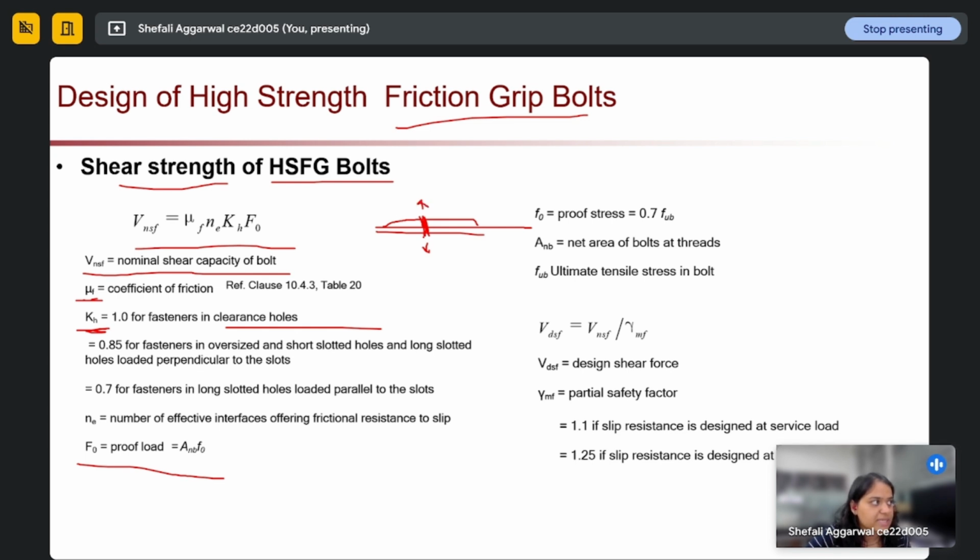Along with tensile strength, because of friction, we have another type of force on it, which is called proof stress. It's almost similar to the tensile strength, but an additional tensile stress, which we are considering in case of our friction bolts only. Okay, so this is our shear strength of bolts.